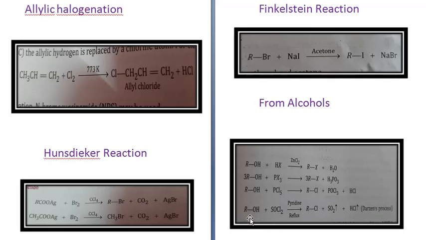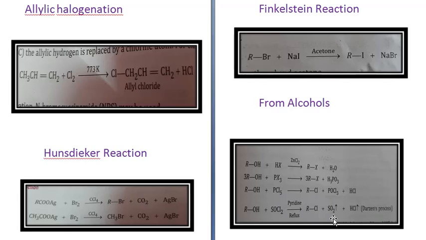And when you treat it with SOCl2, ROH plus SOCl2, in presence of pyridine reflux, you get RCl plus SO2 gas is released and HCl gas is also released. So this is called as Darzens process. Darzens process is the best method for preparation of alkyl halides, since SO2 and HCl, they are gases and they leave and you get only the haloalkane which you want.